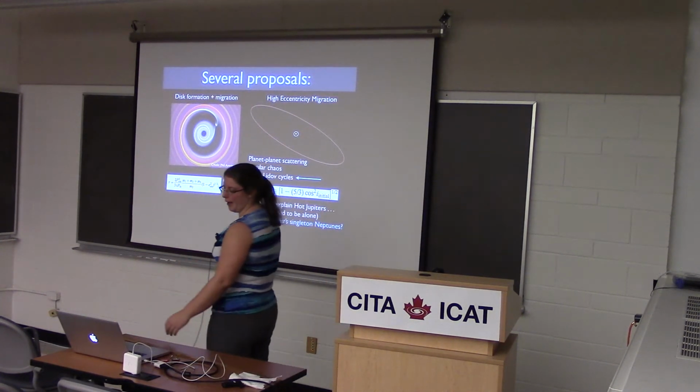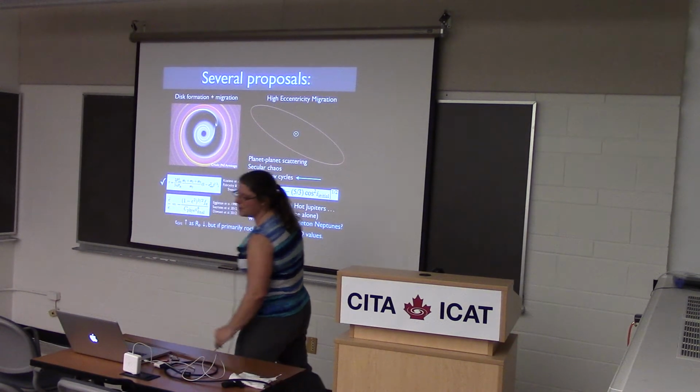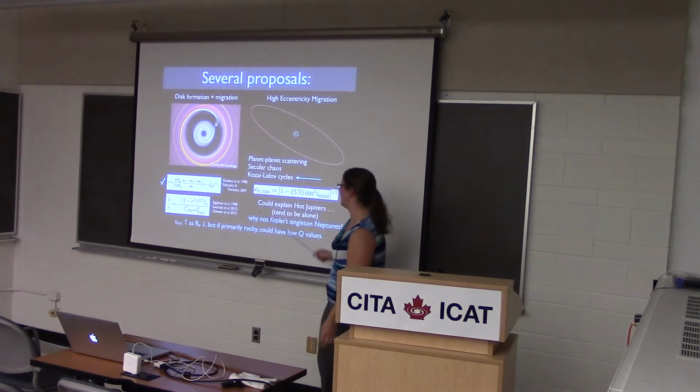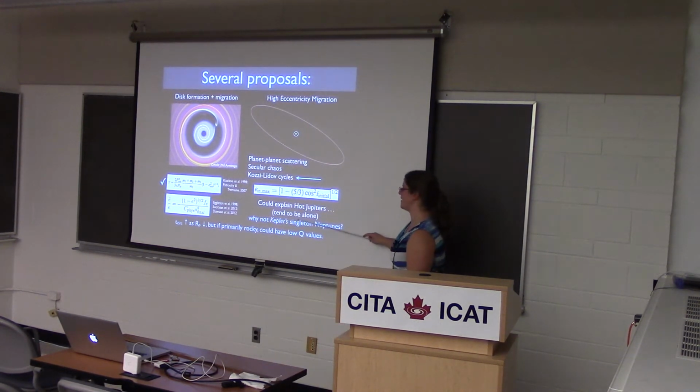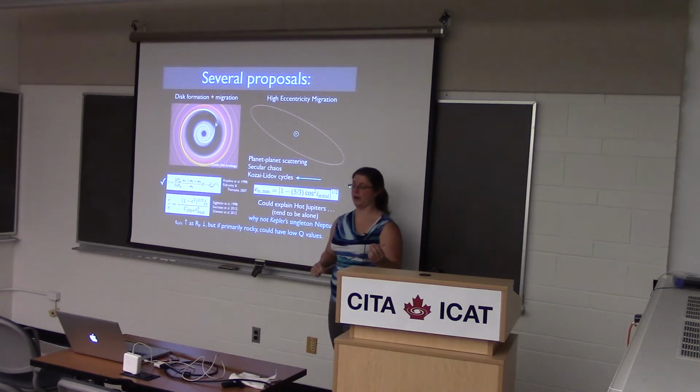All right, so I'm gonna skip this. The idea here is that the time scales are not too different between hot Jupiters and singleton Neptunes, given our result from the composition work.